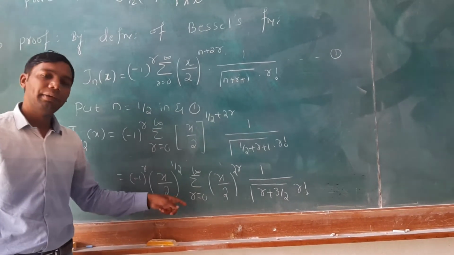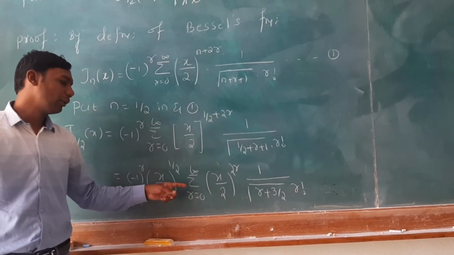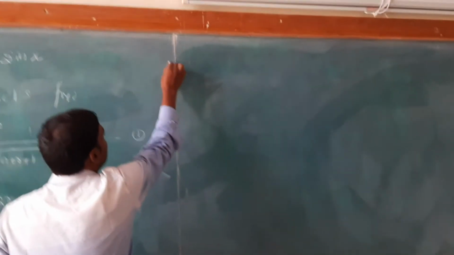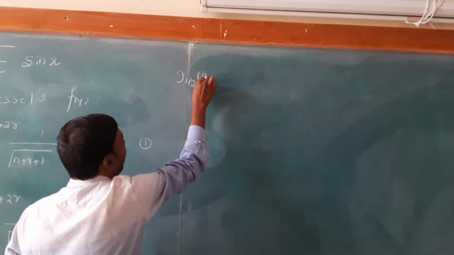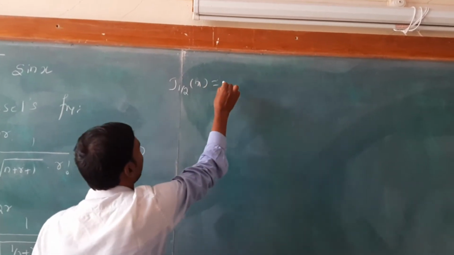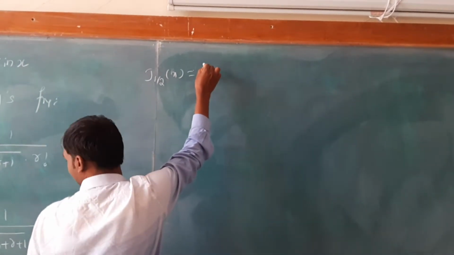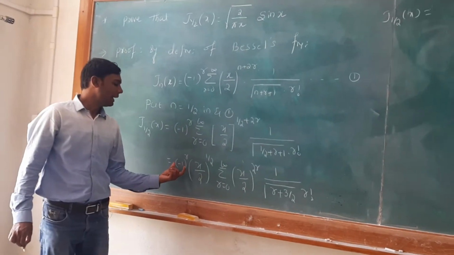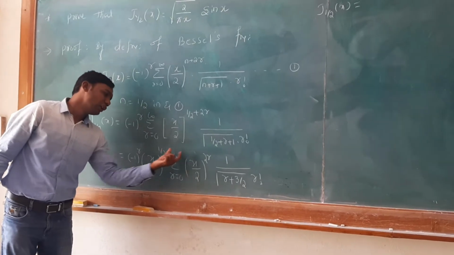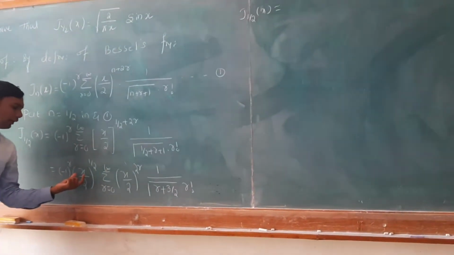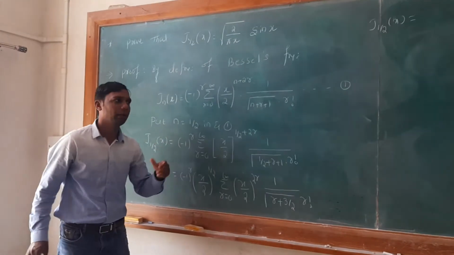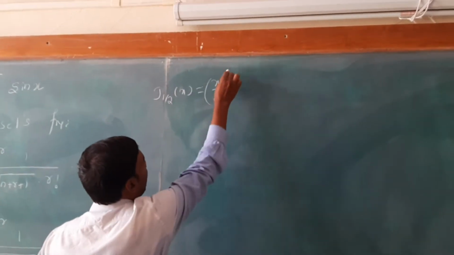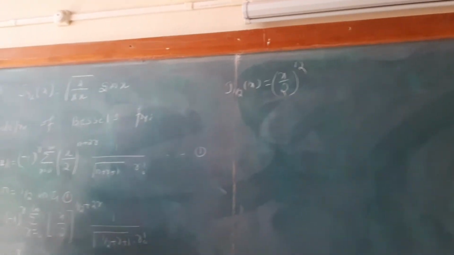Next, we expand the summation, that is, put r equal to 0, 1, 2, 3, then simplify. Therefore, J of 1 by 2 of x is equal to x by 2 raised to 1 by 2 taken outside, then inside there is minus 1 raised to r.